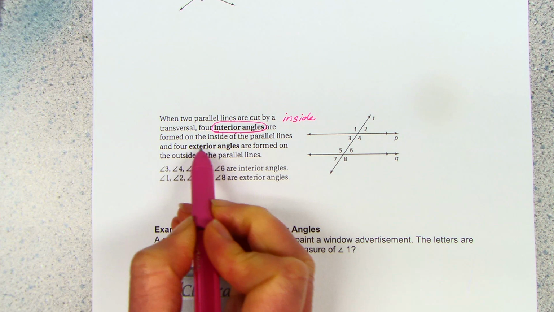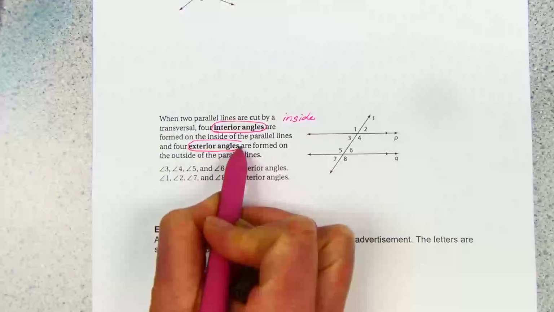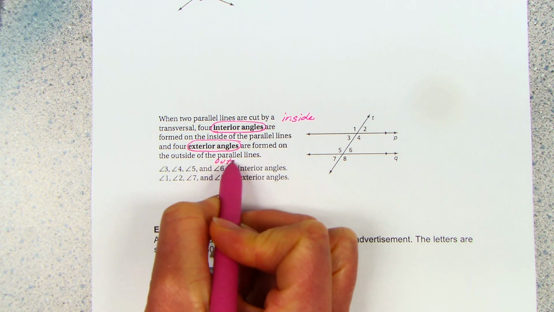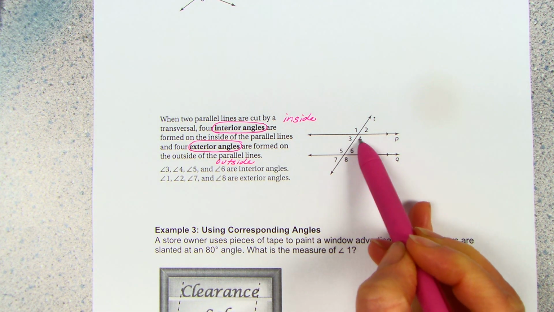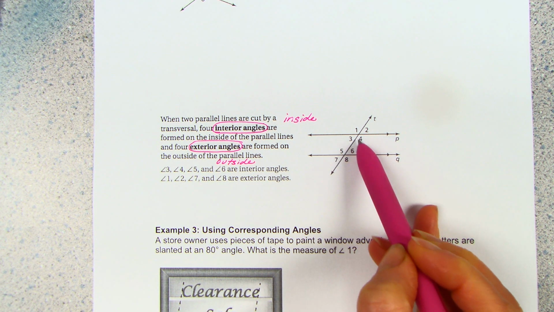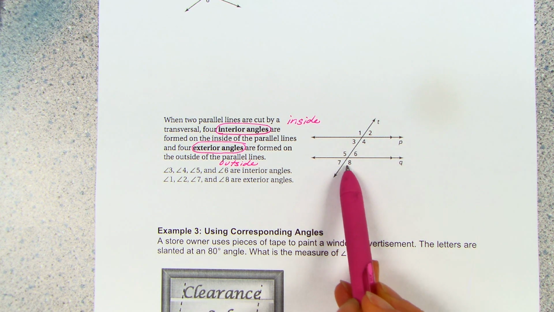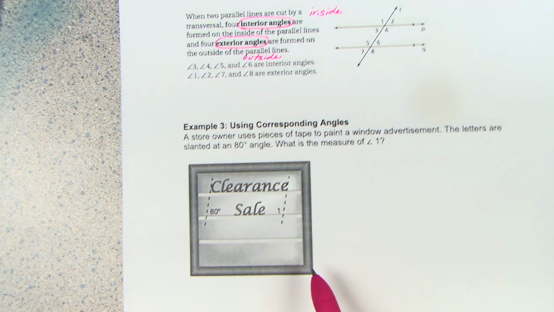And then you have exterior angles on the outside. Angles 3 and 4 and 5 and 6, they're on the inside of the parallel lines. Those are interior angles. And angles 1 and 2 and 7 and 8, they're on the outside of the parallel lines. So those are the exterior angles. We're going to learn a little bit more about those in just a minute.